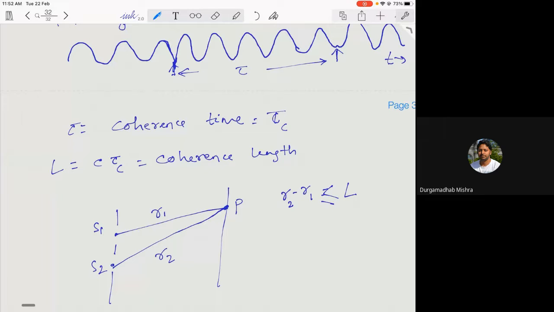So only if R2 minus R1 is less than L will you observe an interference pattern.